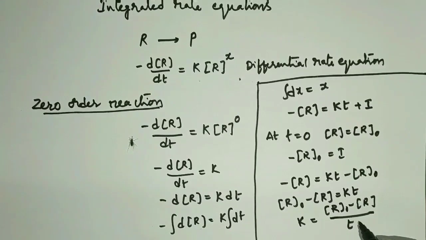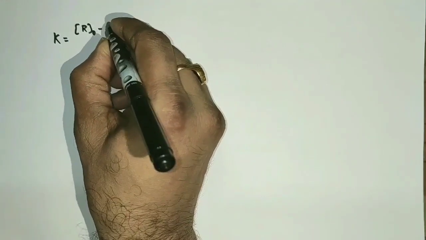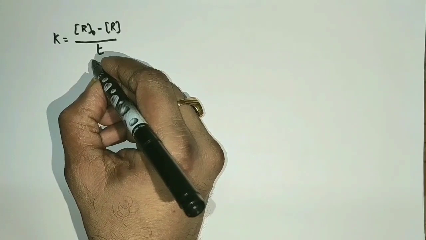This equation is called the integrated rate equation of zero order reaction. K equal to R naught minus R by t is the integrated rate equation of zero order reaction.